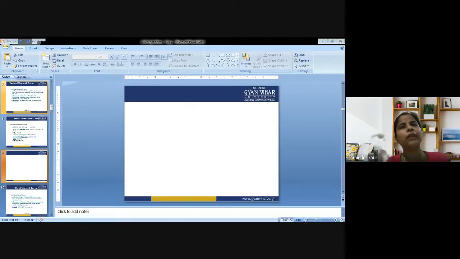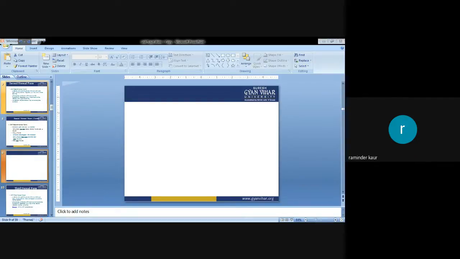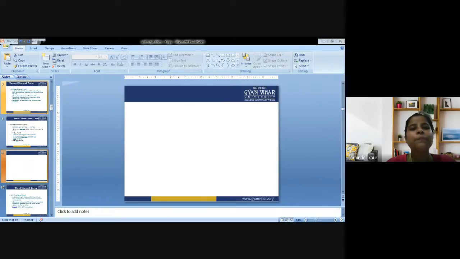So we are supposed to remove the concept of partial dependency here, that is, no non-prime attribute is dependent on any proper subset of any candidate key of the table. So what is partial dependency here? If a proper subset of a candidate key determines a non-prime attribute, then it is called partial dependency. Now you can have a look at the example.